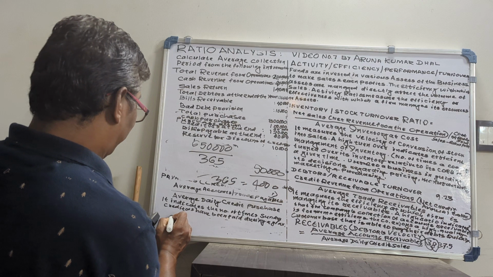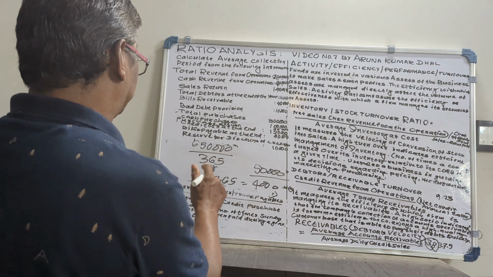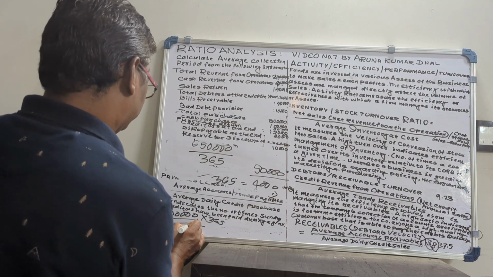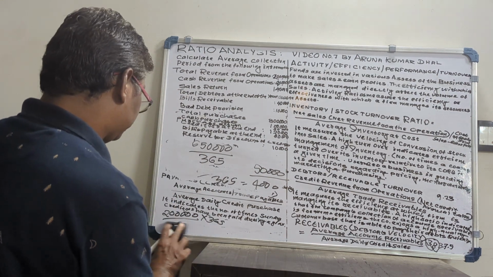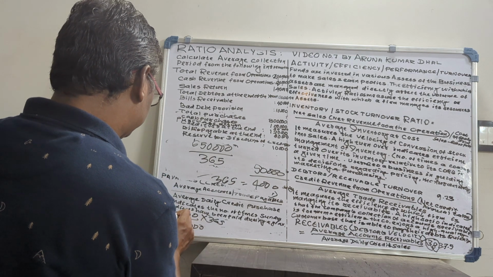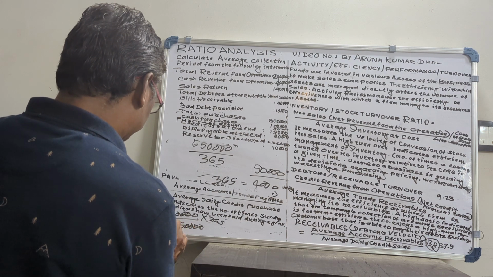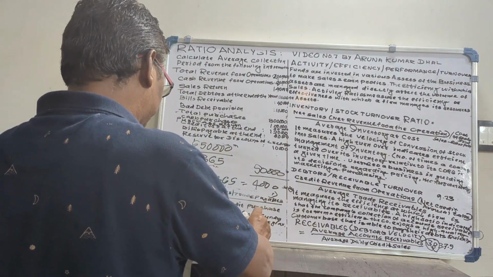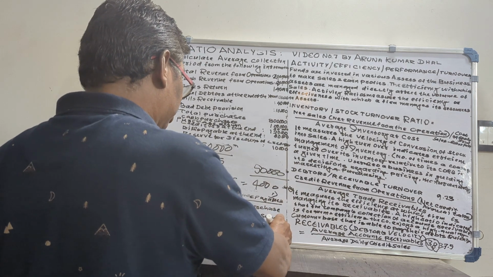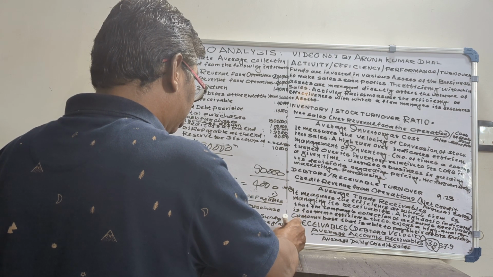So 2 lakh divided by 6,50,000 by 365, means into 365 by 3 lakh, that comes to 113 days.